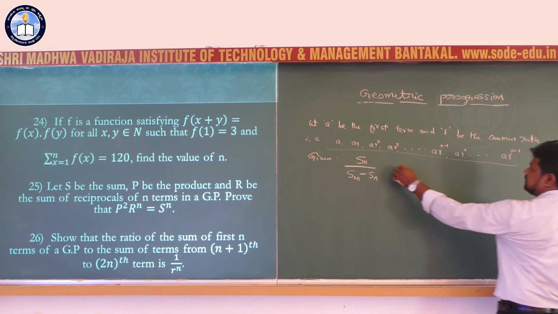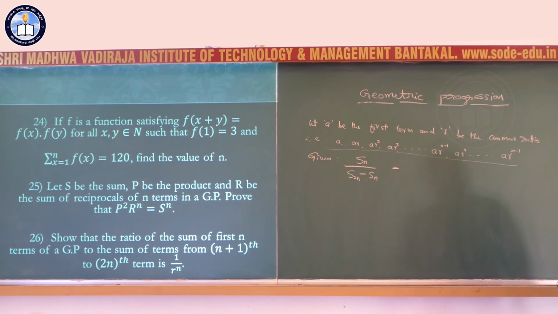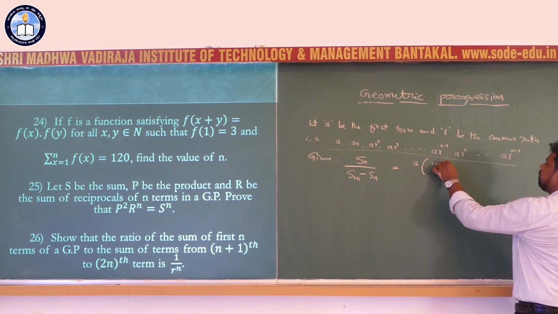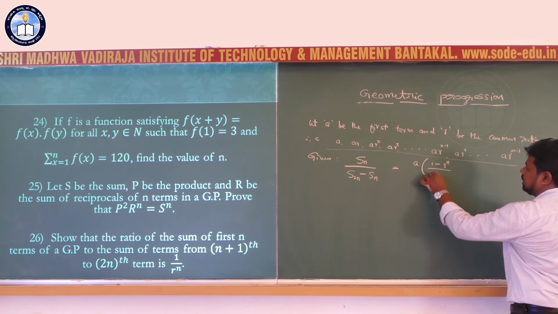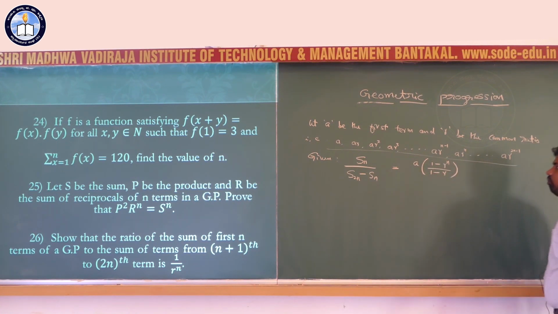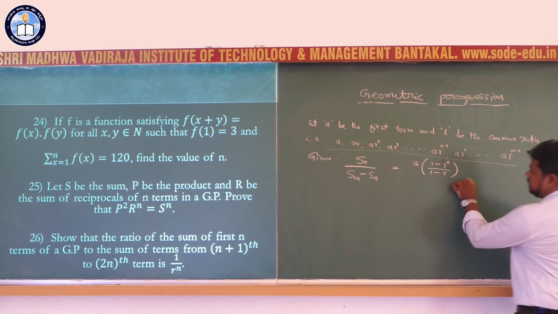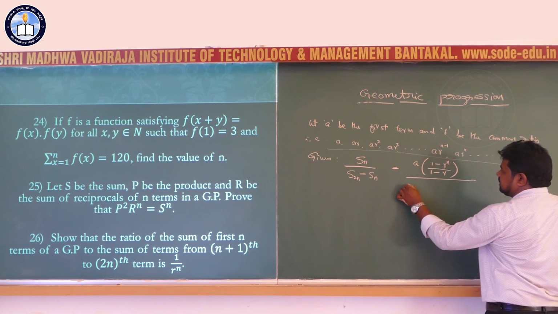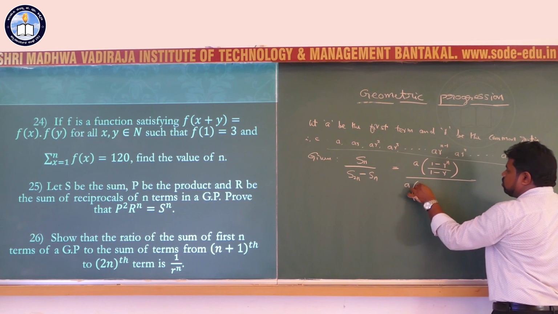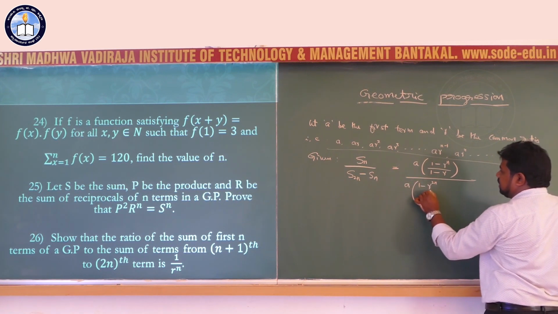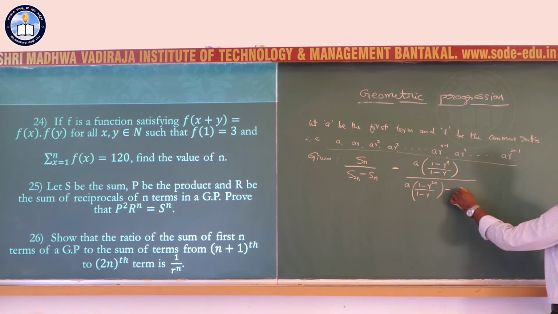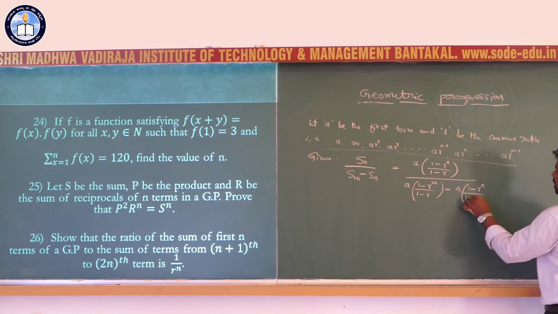I write it as a into 1 minus r power n divided by 1 minus r, the sum of first n terms of GP, divided by the sum of first 2n terms of GP, that is a into 1 minus r power 2n divided by 1 minus r, minus the sum of first n terms, a into 1 minus r power n divided by 1 minus r.